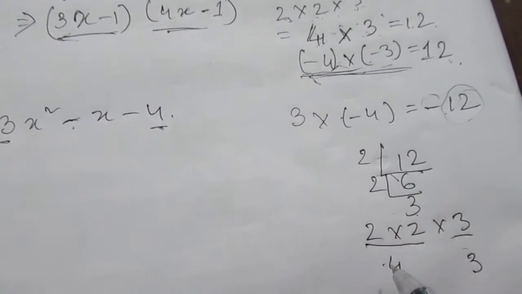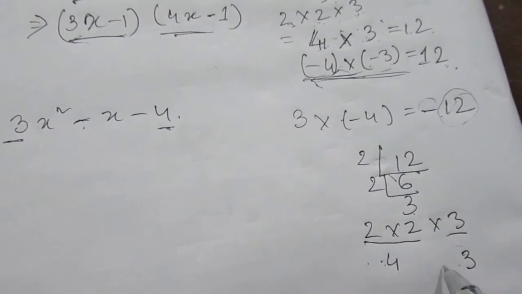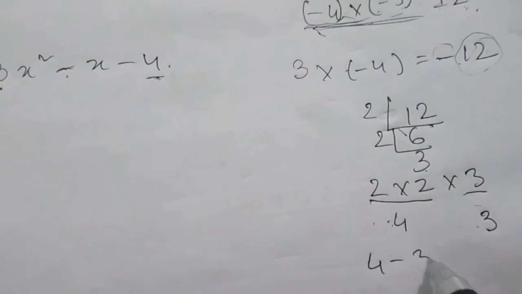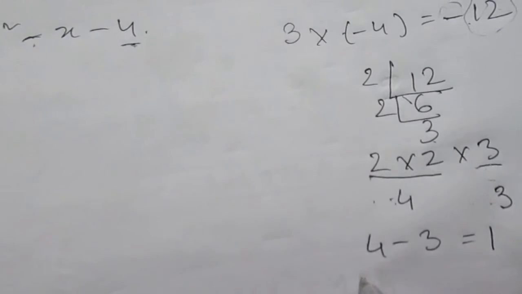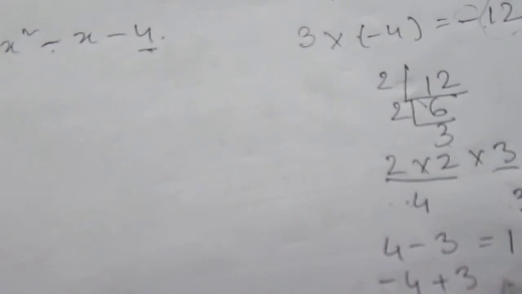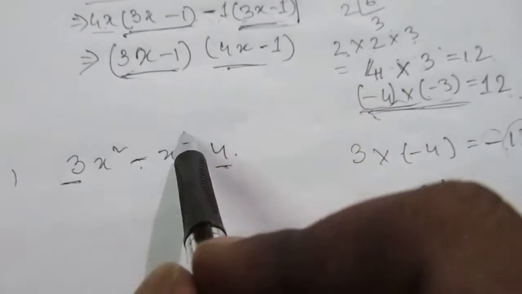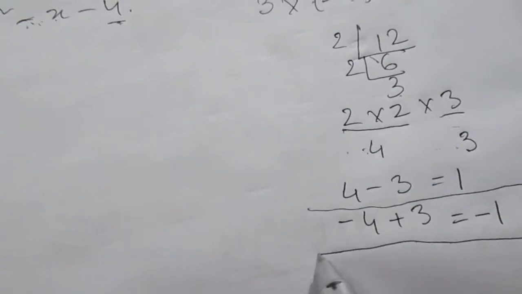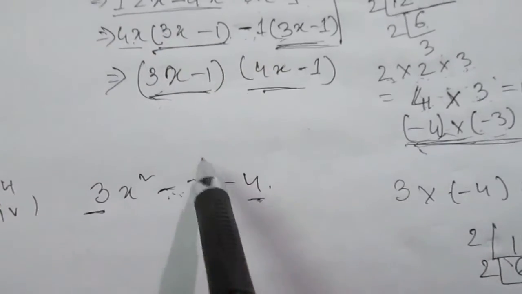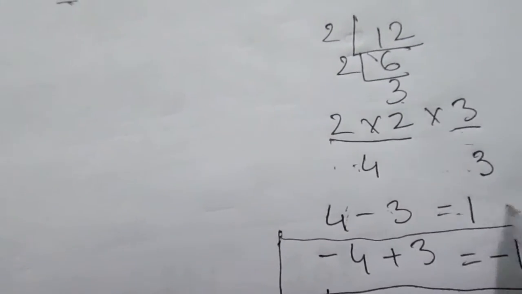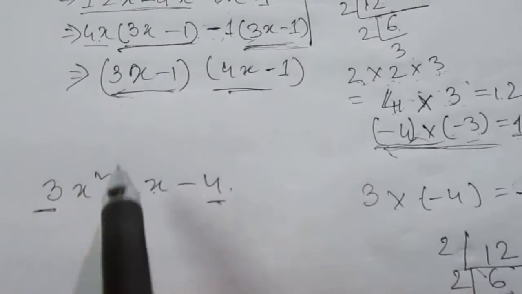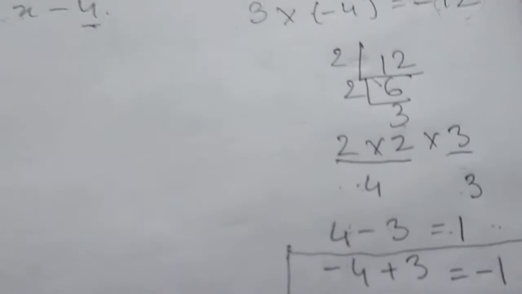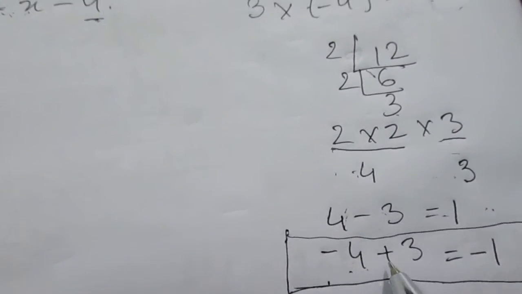Either 4 minus 3 is equal to 1, or minus 4 plus 3 is equal to minus 1. Because the middle term is minus x, we will consider minus 4 plus 3. If it had been plus x, we would have considered 4 minus 3.